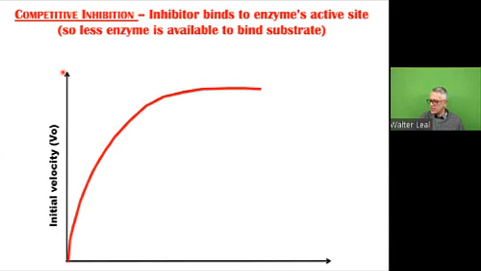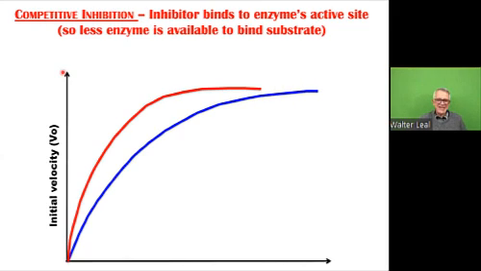A couple of important things about inhibition. We talked about the different types of inhibition. We talked about competitive inhibition, the one we discussed in more detail because it's one of the most important ones. Not that the other ones are not important; all of them are important.